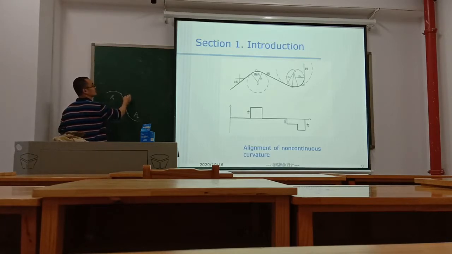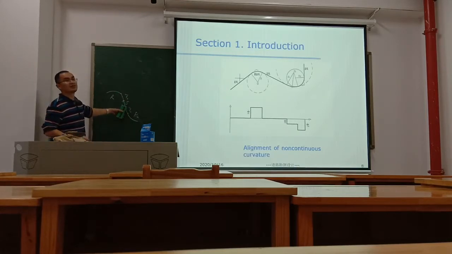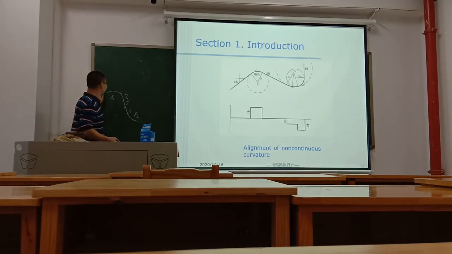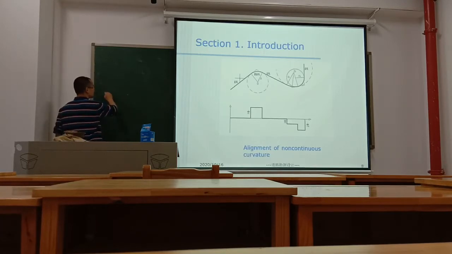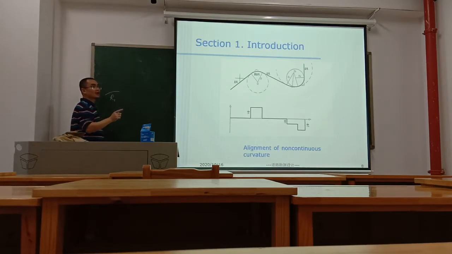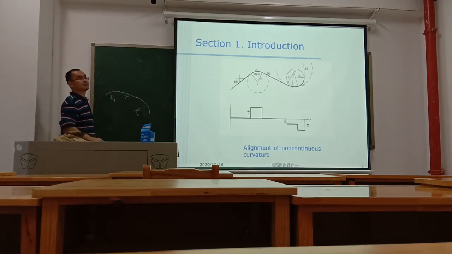T1, T2, and the straight line S. But between two circular curves with the same direction, the same tangent direction, only one transition curve.